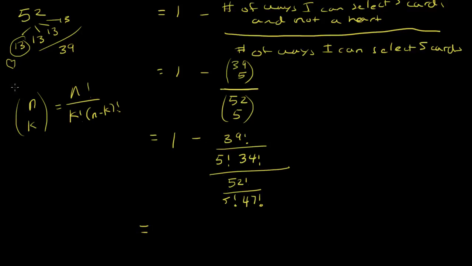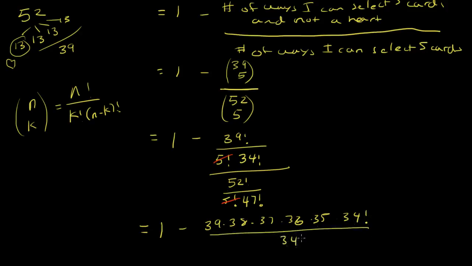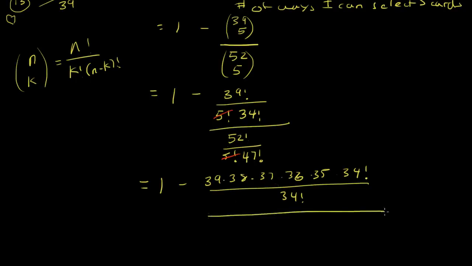First, the 5 factorials are in both denominators, so they will cancel with each other, so I can go ahead and cancel those out. 39 factorial, I will have 39, 38, 37, 36, 35, and then I'm going to have 34 factorial. I'm going to leave that as a factorial because that will cancel with its denominator, 34 factorial. All of this divided by 52, 51, 50, 49, 48.